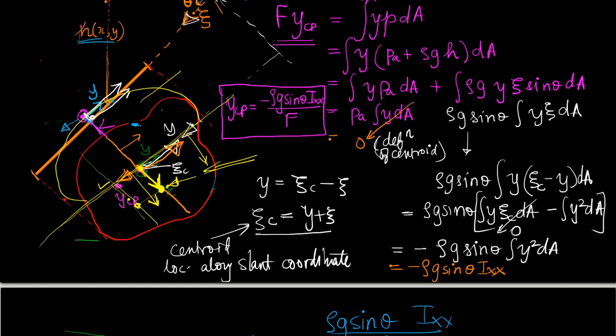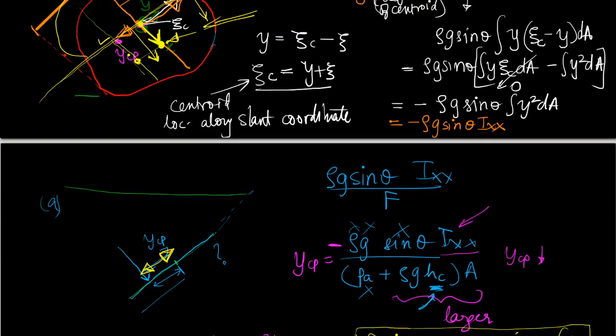So let us imagine two objects which are submerged in water. It will be clear to you. One object's cross section is something like this, and one object's cross section is something like this.